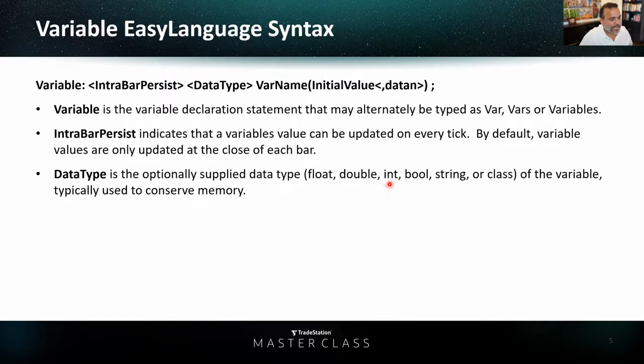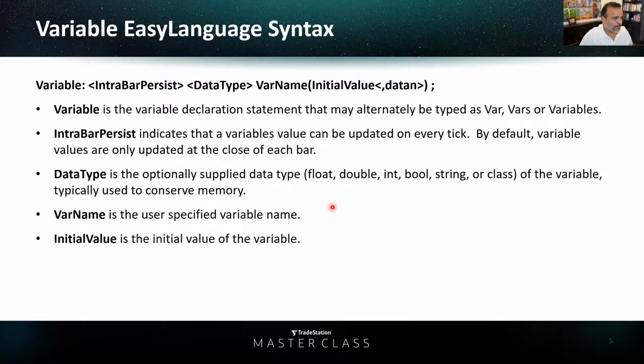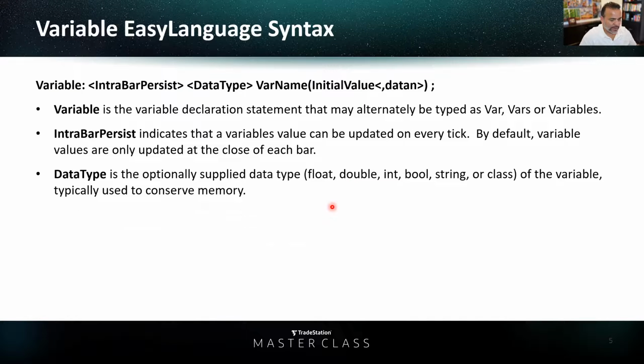Most of the time I've seen integer if the variable does not need any decimal places, or double if you need that extra precision. We've used float, which is somewhere in the middle between integer and double. I think I provide a little bit more definition between integer, double, and float on another slide.